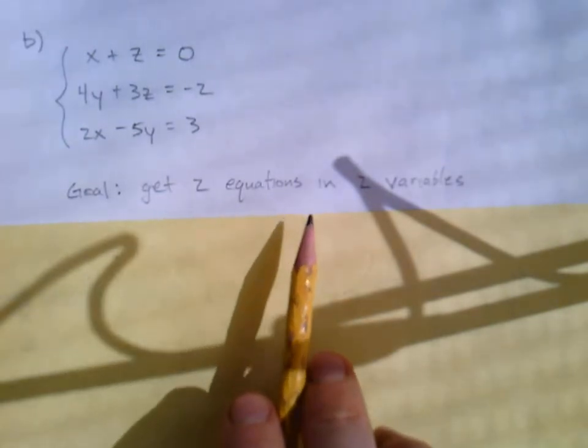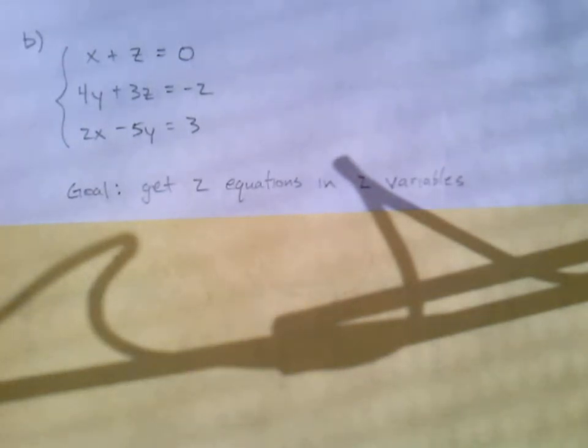So it turns out our work to solve this is going to be a lot simpler if not all three equations contain all three variables, like in part A. If all three equations have all three variables, then we have to go about it the same way I showed you, to pick two different pairs and eliminate the same variable twice.